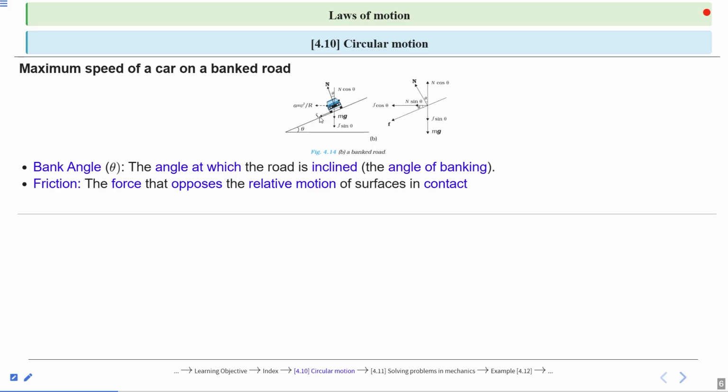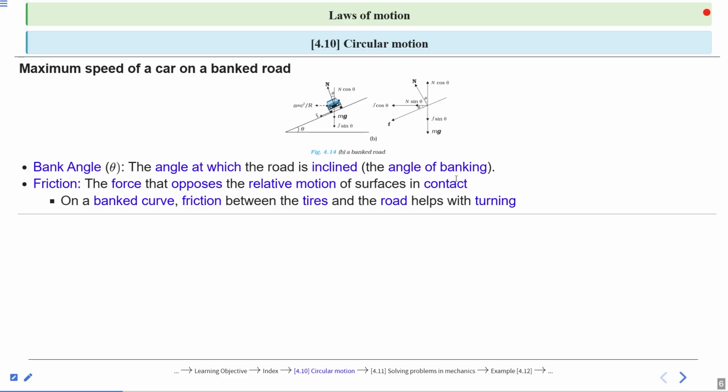One important factor is friction. Friction is the force that opposes the relative motion of the surfaces in contact, meaning between the road and the tire. So this is the frictional force. On a banked curve, friction between the tires and the road helps the turning.